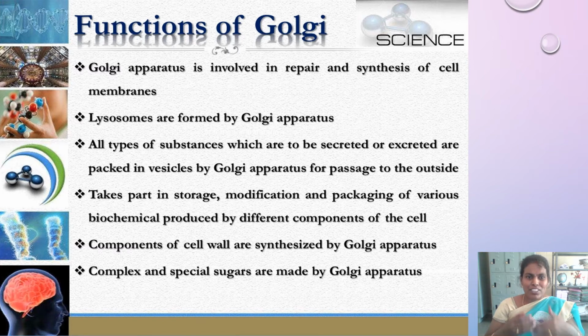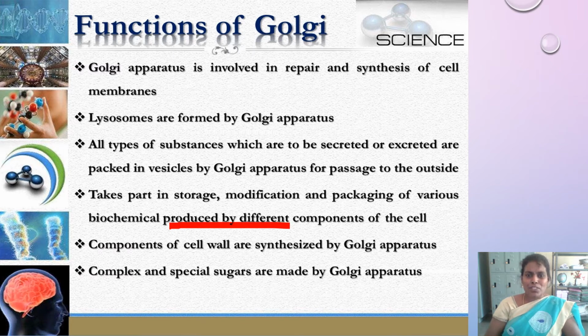Here, the Golgi apparatus is involved in the repair and synthesis of cell membrane again, because these are parts of the endoplasmic reticulum only. Mainly they take part in the storage, modification and packaging of various biochemical substances produced by different components of the cell.